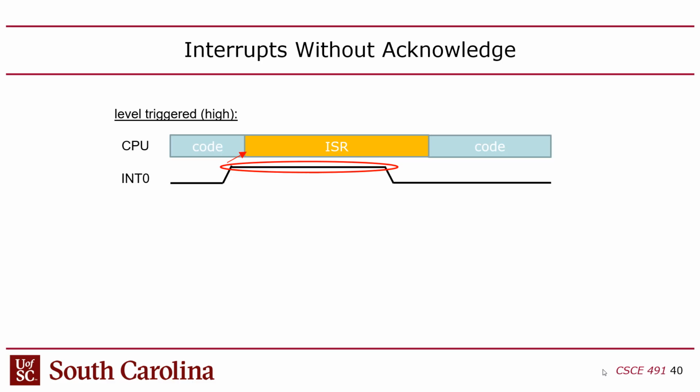So the peripheral requests an interrupt, and then the CPU sees that interrupt, and it uses hardware to automatically jump to the interrupt handler, which is located either in the OS or at some hardware-defined address. And then it services the interrupt and then goes back to whatever it was doing.